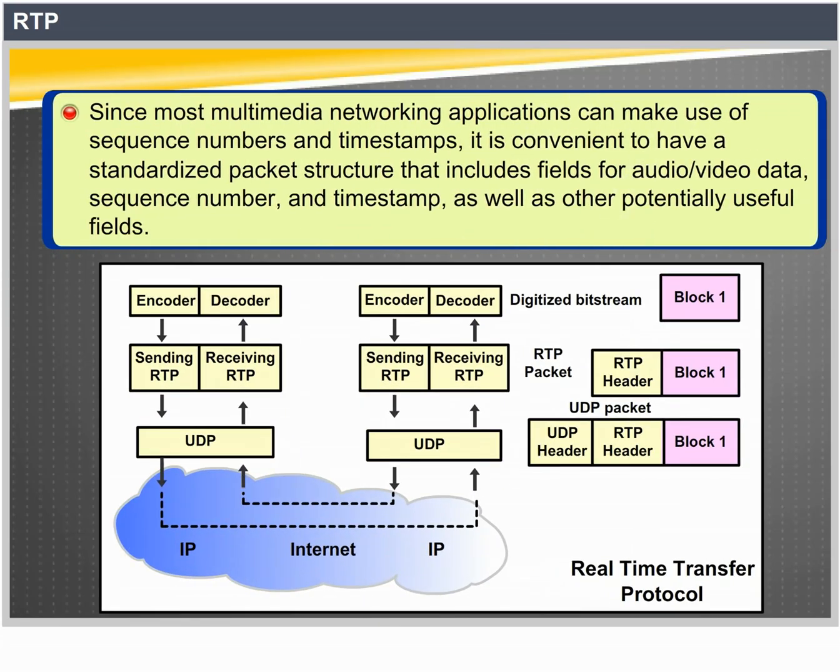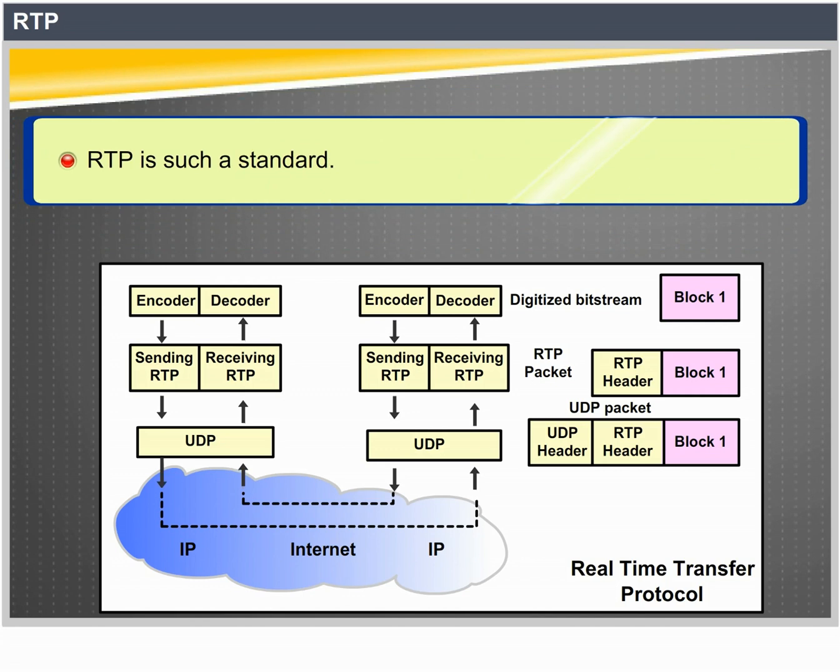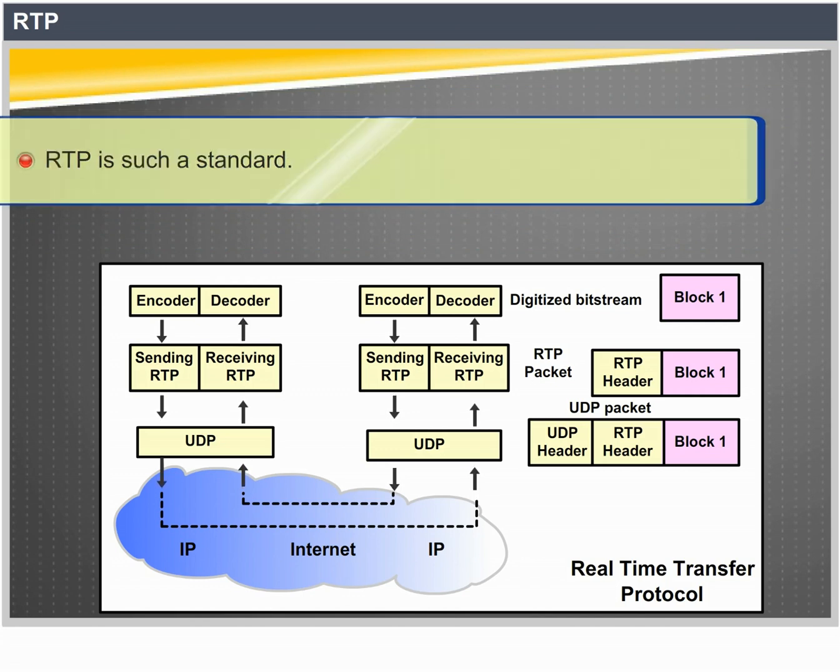RTP. Since most multimedia networking applications can make use of sequence numbers and timestamps, it is convenient to have a standardized packet structure that includes fields for audio-video data, sequence number, and timestamp, as well as other potentially useful fields. RTP is such a standard.